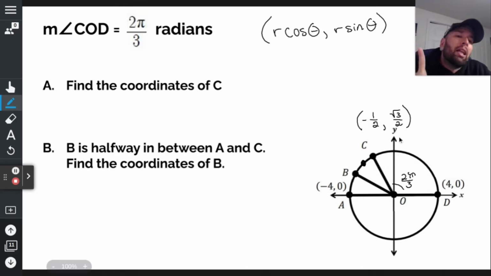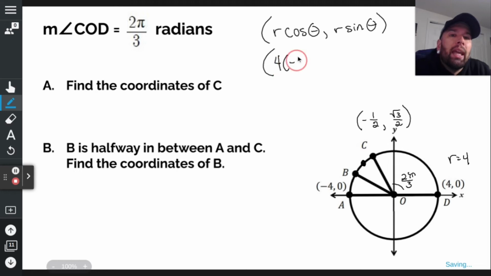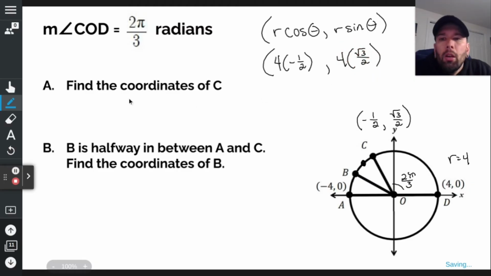However, that's not exactly what I'm doing here. If this was the unit circle, cos theta would be negative 1/2, and sine theta would be root 3 over 2. My r here is 4. So I'm going to do 4 times negative 1/2, and r, which is 4 again, times root 3 over 2. So that gives me negative 2 and 2 root 3 over 2. No, 2 root 3, sorry. 2 root 3.